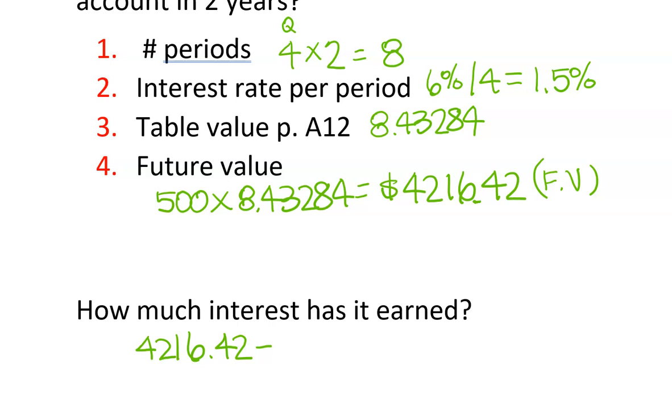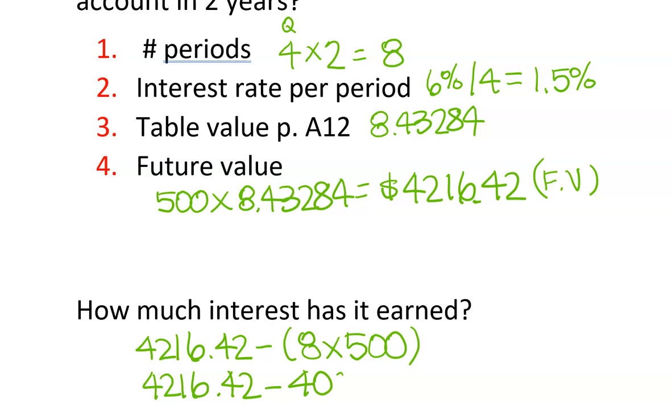In the total, it has 8 periods, so it would make 8 deposits of $500 each. So every single time the period is just about over, the person adds $500 to it. So this is really taking 4216.42 and subtracting $4,000 off of it.